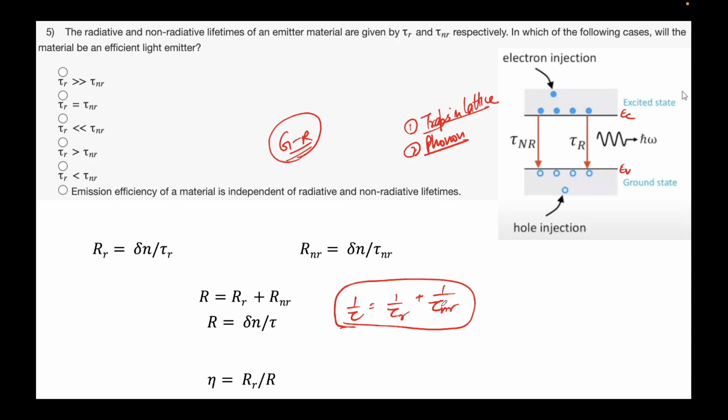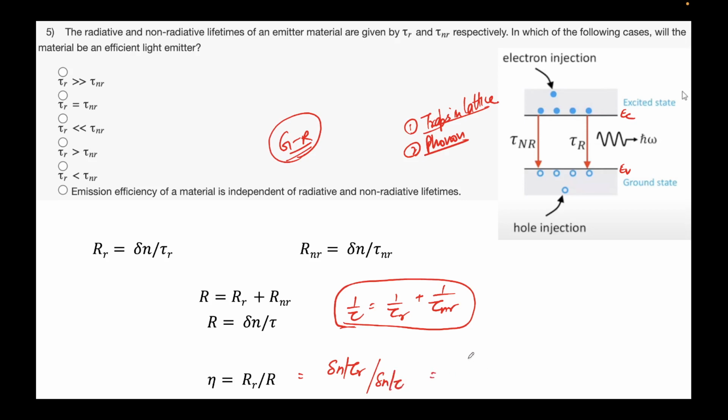What is the efficiency? The efficiency we want is R r by R. So R is the total recombination rate, noted by this, and in the numerator we have the radiative recombination given by this expression. So let me first write the expression: delta n by tau r divided by delta n by tau.